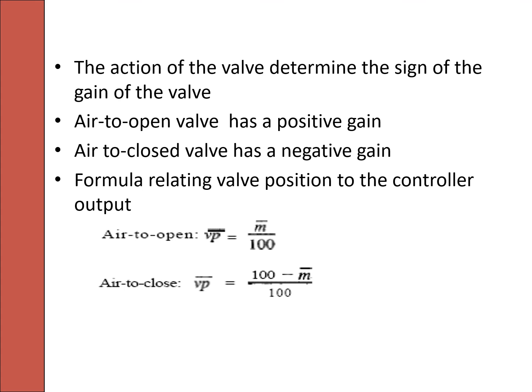We have M bar here for the controller output. For the ATO valve, the valve position is M bar divided by 100. For the ATC, to calculate the valve position, you need to subtract M bar from 100 and divide by 100.